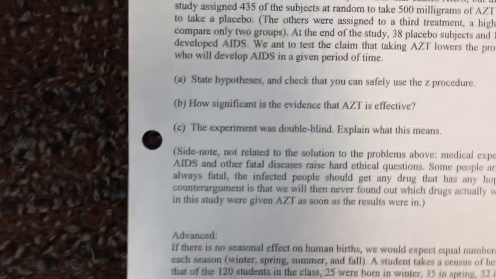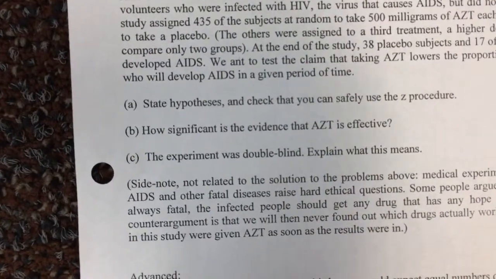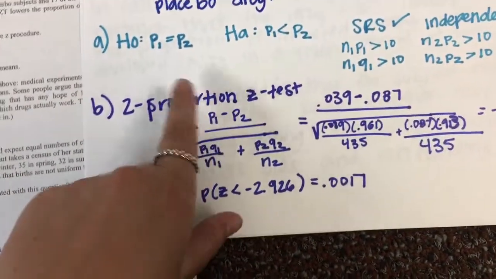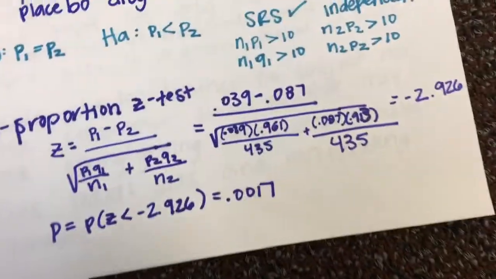B wants to know how significant is the evidence that the AZT drug is effective. So with this, I use a 2-proportion Z-test, and the equation, which I had gotten from my equation sheet, says whenever we use a 2-proportion Z-test, this is the equation that we use.